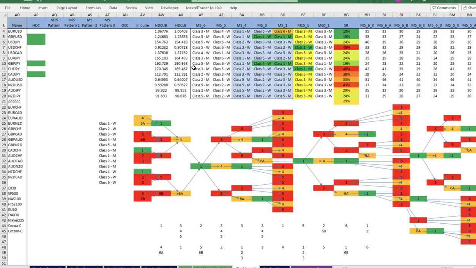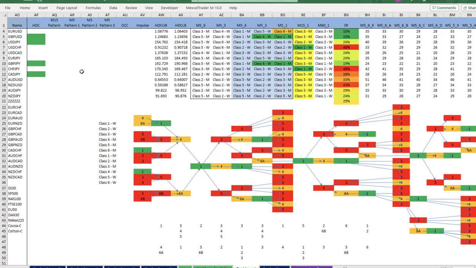And it really is showing you live what's going on in the market, and the patterns that are showing themselves that we're interested in for our trade. So we know, for instance, on the primary selection time frame, that we need to have a breakout of the HDC.